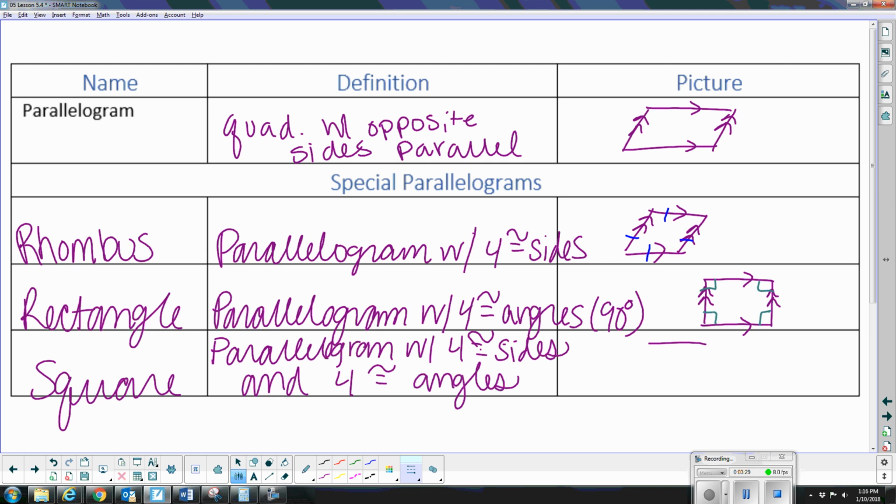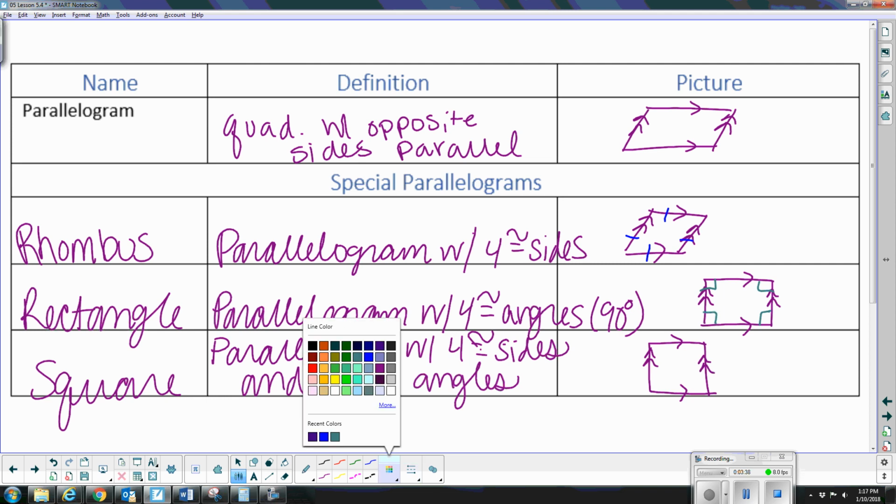So again, here's your parallelogram. Four congruent sides and 4 congruent angles, which, if all angles are congruent, they are all going to be 90 degrees.